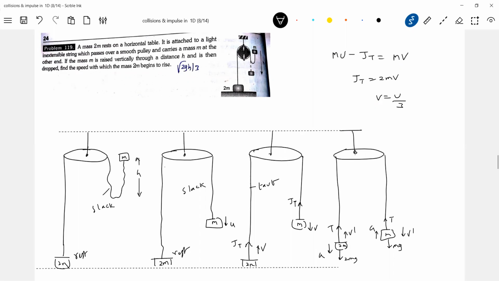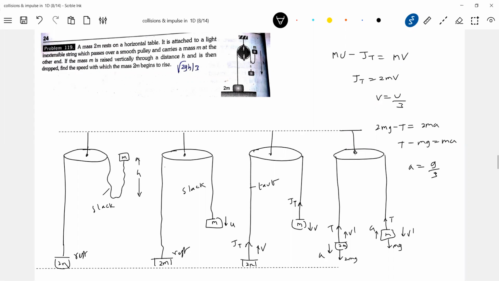If you want to write, I'm showing in detail. This is 2mg minus T is equal to 2ma. T minus mg equal to ma. It's a retardation. Adding up these two, a will become g by 3.